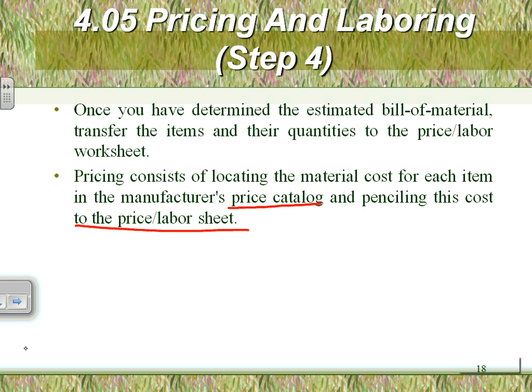Again, how many receptacles do I have? GFCI receptacle 12240. How much labor? 0.5 hour for each one of them. And how much will each one cost? $12. So what's pricing and laboring? Assign a labor and a price for all the items that you have taken off.